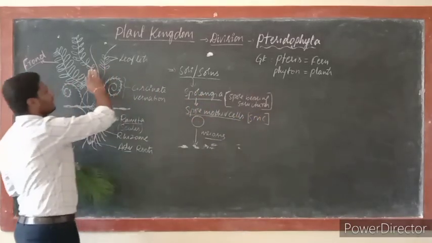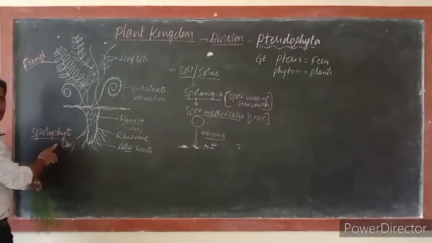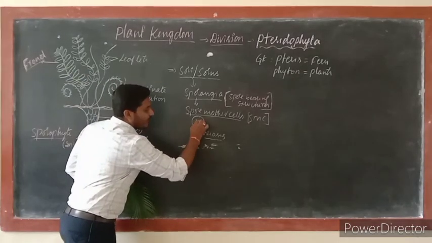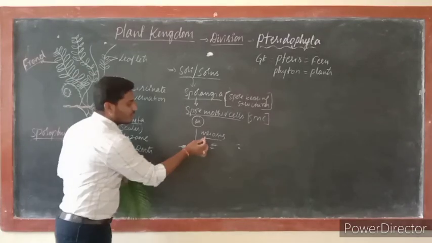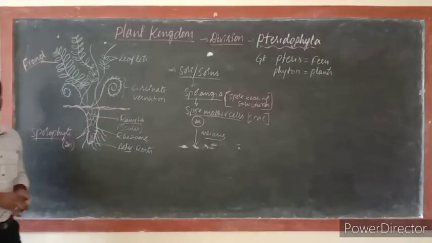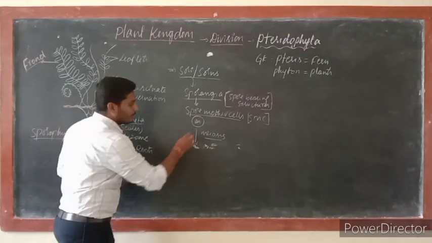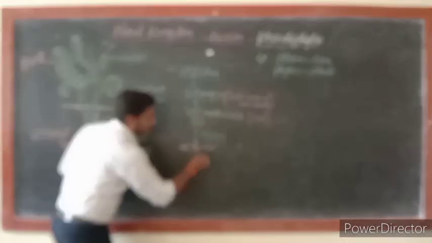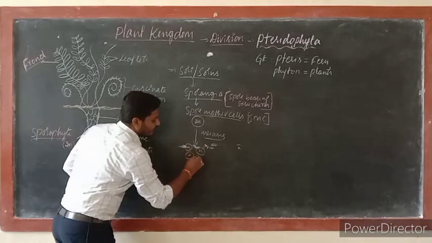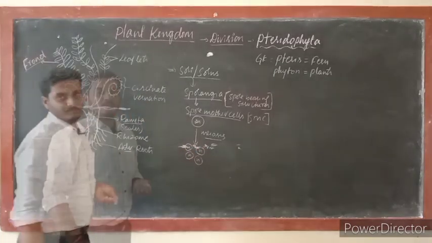All that happens in the sporophytic plant body, that is a diploid plant body. And this diploid spore mother cell undergoes meiosis. Meiosis is called a reductional division. Because of that, it leads to the formation of 4 haploid spores.